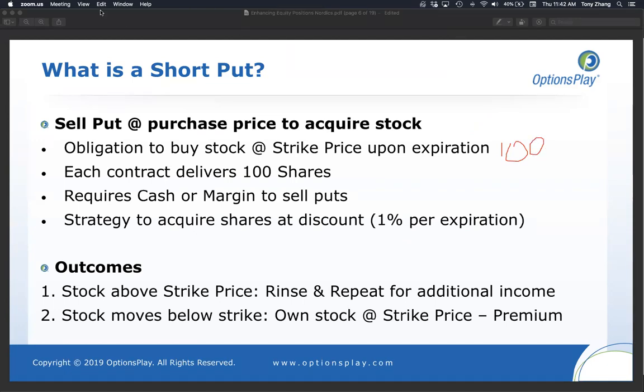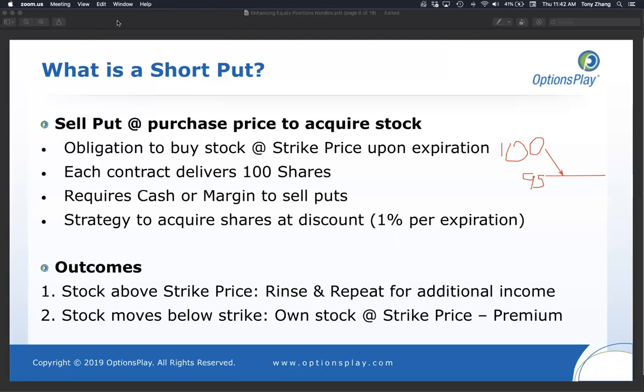Apologies for the poor handwriting here, but let's say you want to buy the stock at $95, a little bit below the current price, right? So what can you do? You can sell that $95 put that, let's say, expires in 1 month.